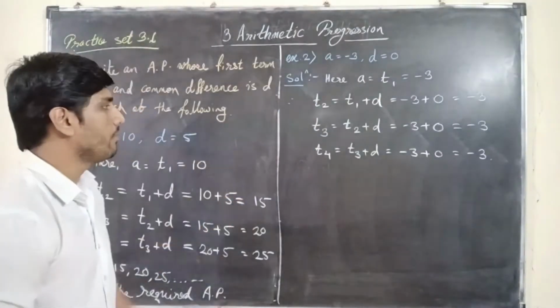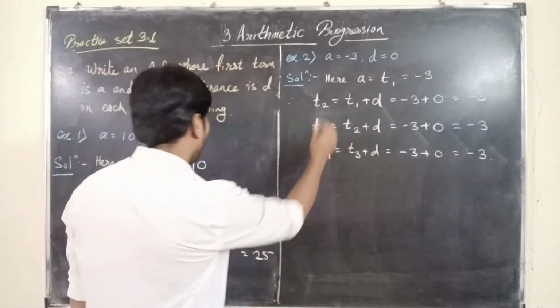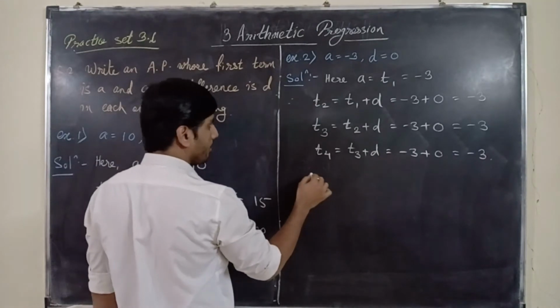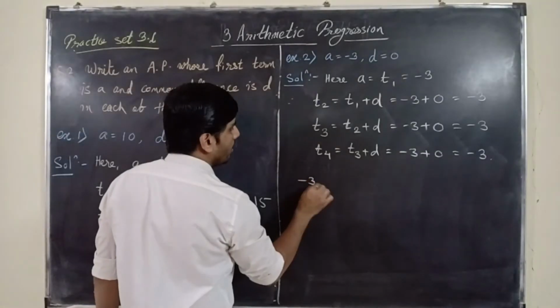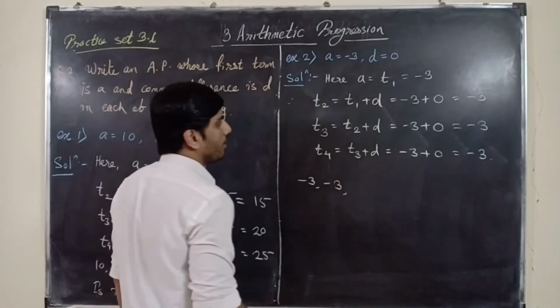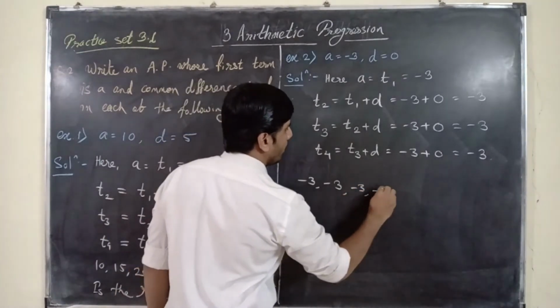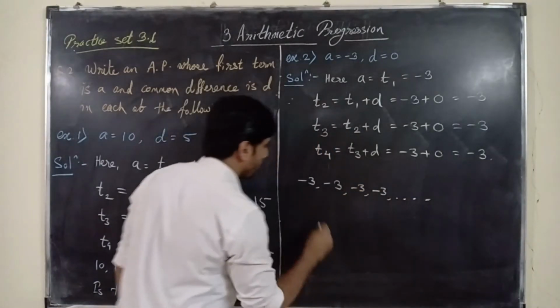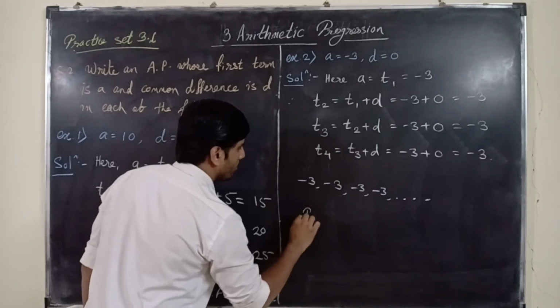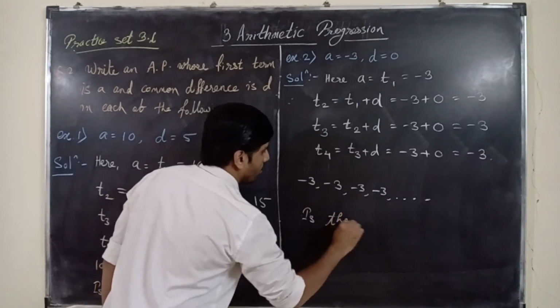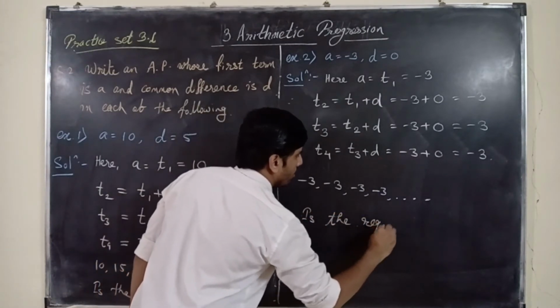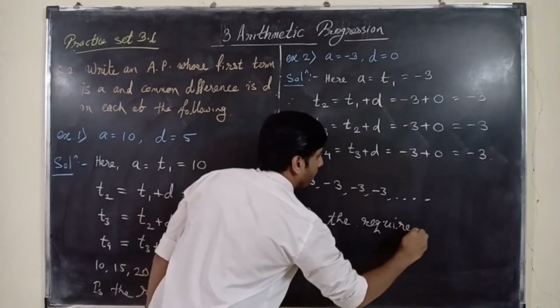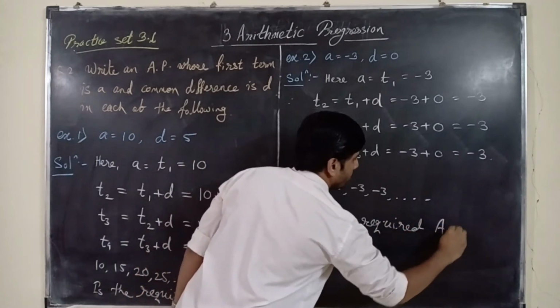Here we are getting the same number again. Therefore, we can say that negative 3, negative 3, negative 3, negative 3, and so on is the required arithmetic progression.